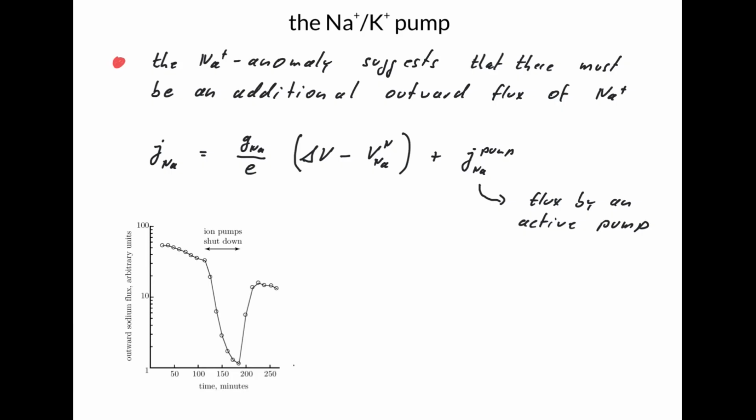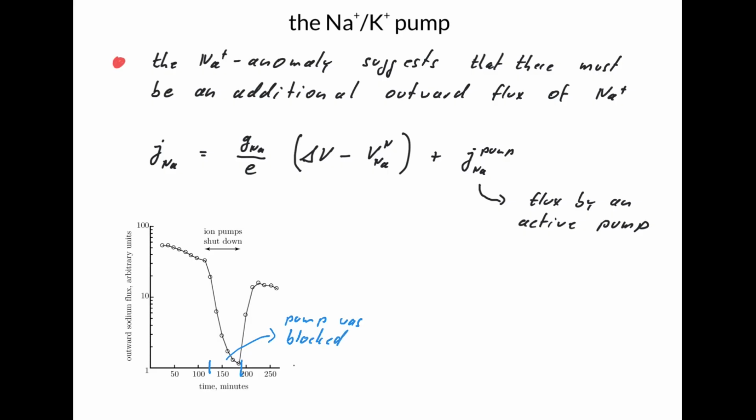Now, this is what you actually also can measure. So here you see an experiment in which the outward current of sodium has been measured as a function of time. After 120 minutes, the cells are incubated with a toxin which will block a certain protein in the membrane.